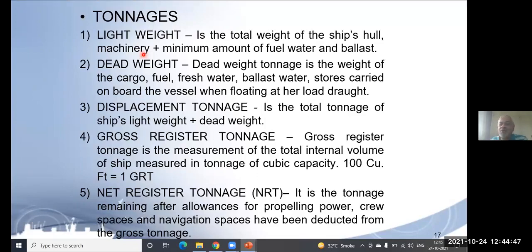And whatever you have added now in the motorcycle is your cargo, and that is your dead weight. So just see, dead weight tonnage is the weight of the cargo, fuel, fresh water, ballast water, stores carried on board the vessel when floating at her load draft.